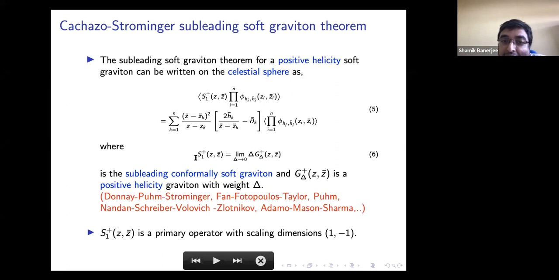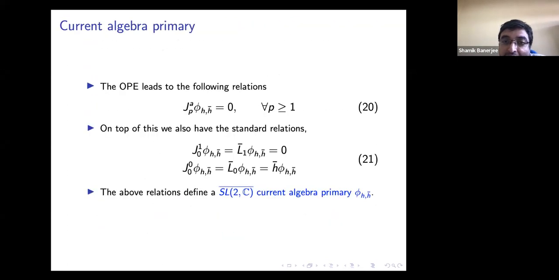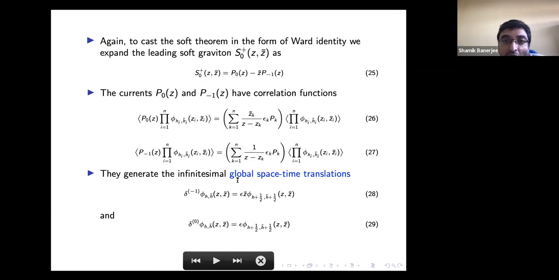And this S plus 1 or this S plus naught are essentially the residue at that pole. That is what it means. Now I know the correlation function of this S plus naught ZZ bar with phi, and it has this particular form. Okay, so now we play the same trick.